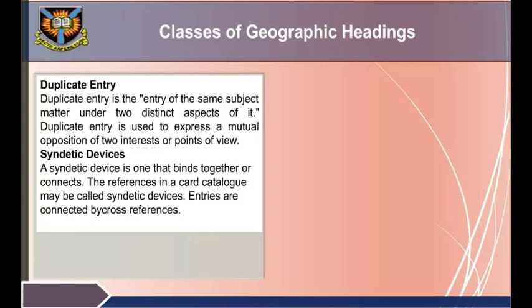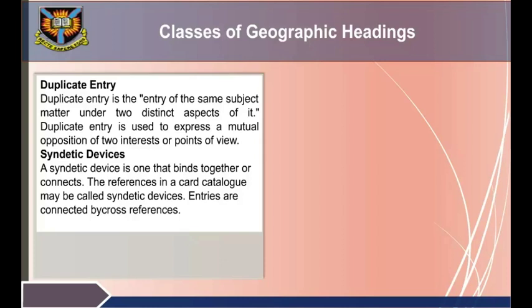Classes of geographic headings. Duplicate entry is the entry of the same subject matter under two distinct aspects of it. Duplicate entry is used to express a mutual opposition of two interests or points of view.